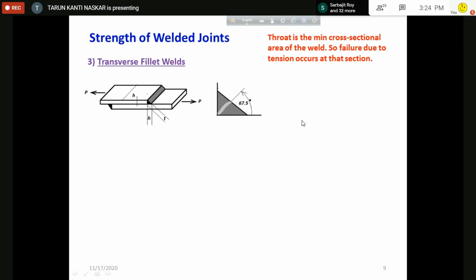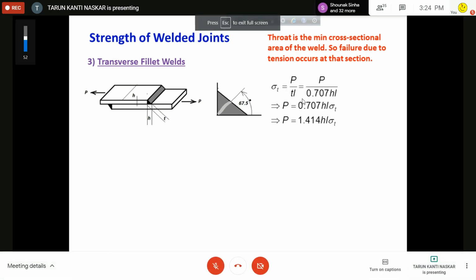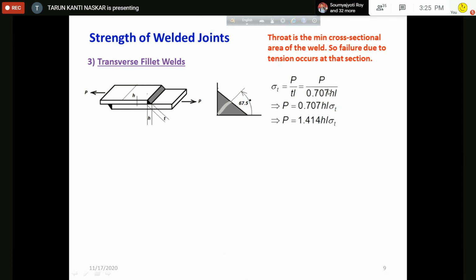There is a significance of 67.5, I will tell you later. So failure due to tension occurs at that section, at the minimum cross-sectional area. So sigma T is equal to P by TL. This we have already seen.